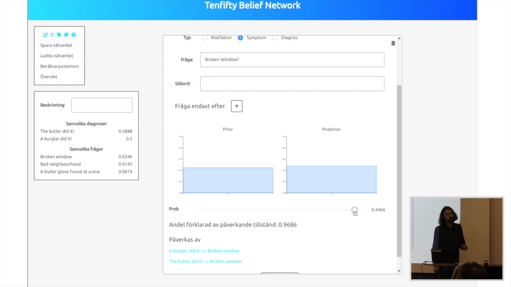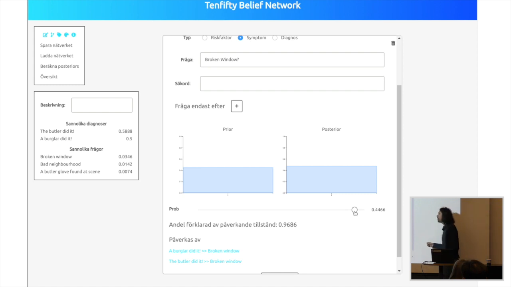Because if it's below 1, then we know that there might be another explanation for broken windows than just the burglar and the butler. So I might not have the full knowledge of everything in my graph. In fact, I have to assume that I don't.